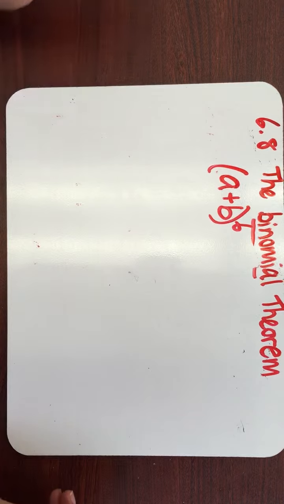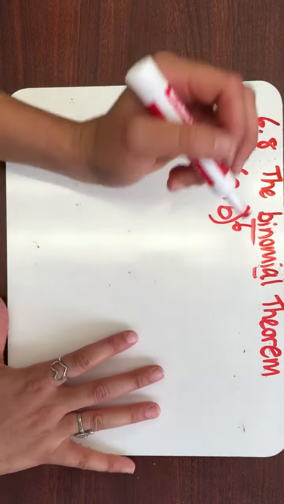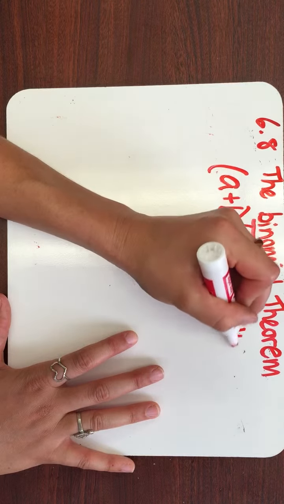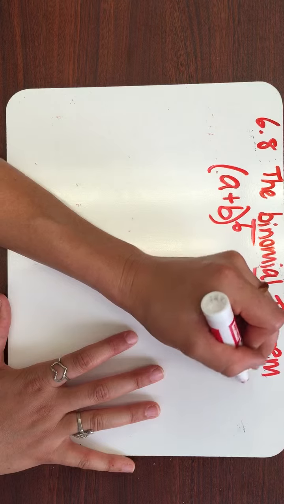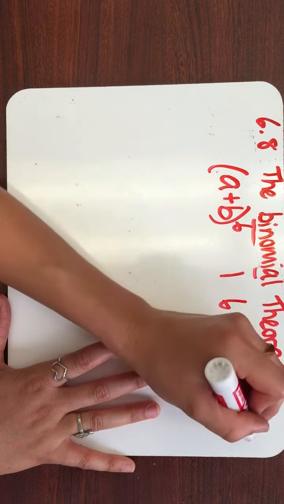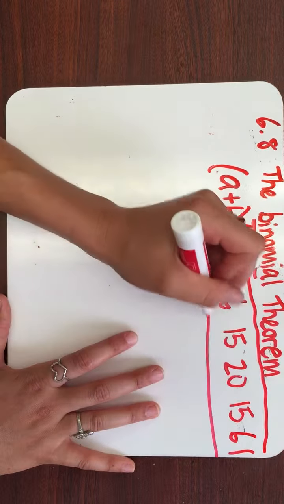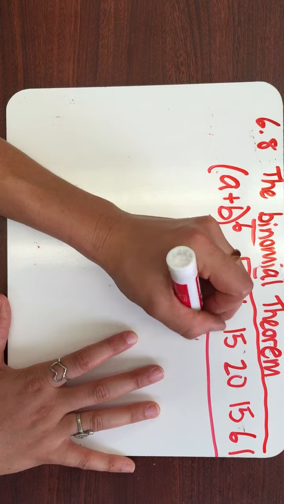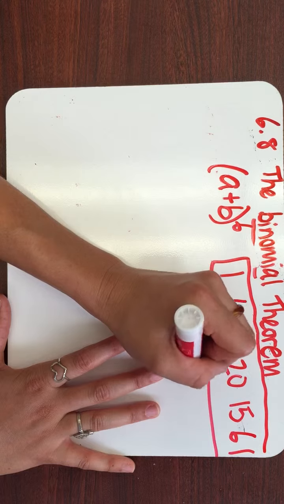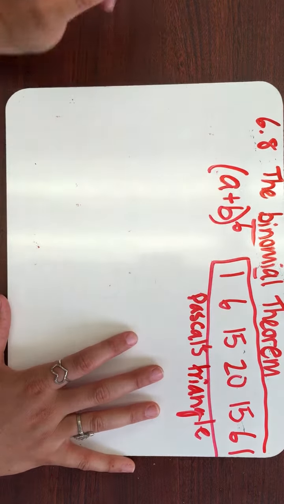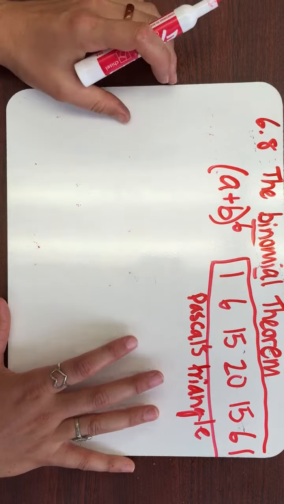So if it's to the 6th power, we're going to use that last row that we wrote down, which are going to give us the numbers of 1, 6, 15, 20, 15, 6, and 1. And these, which are from the Pascal's triangle, are going to be our coefficients for when we expand this.